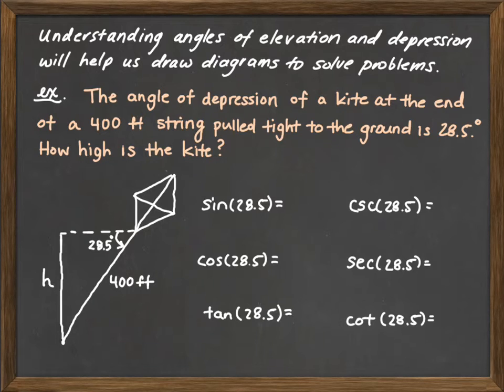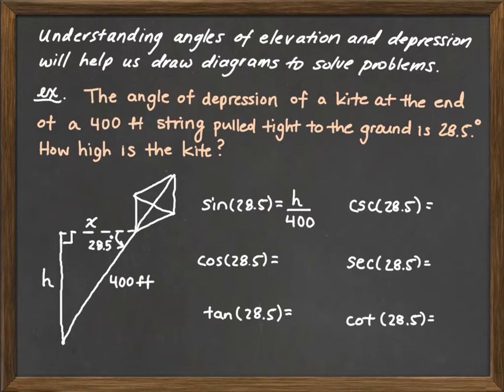So I'm going to label the distance from the kite here to here as x, and I'm just going to go ahead and write what I get when I set up all of the trig ratios that we know about. So the sine of 28.5 degrees is going to be opposite of the angle, which is h, over the hypotenuse. So this is a right triangle. The hypotenuse is always directly opposite the right angle, so the hypotenuse is going to be this distance of 400.